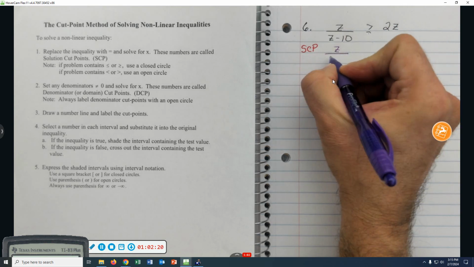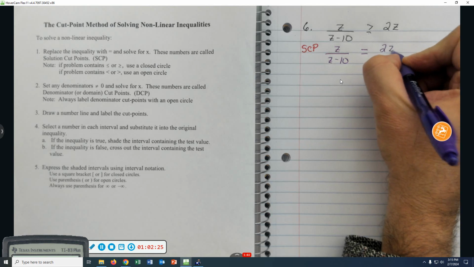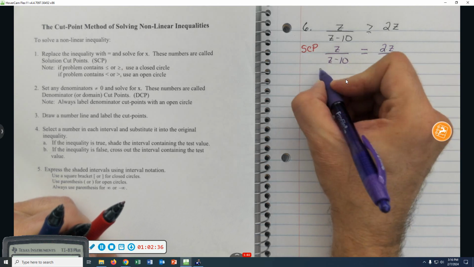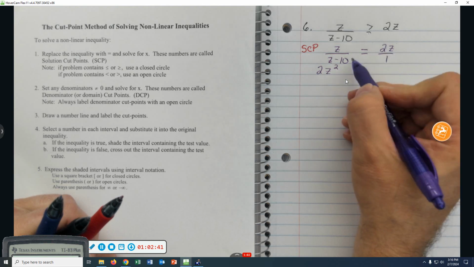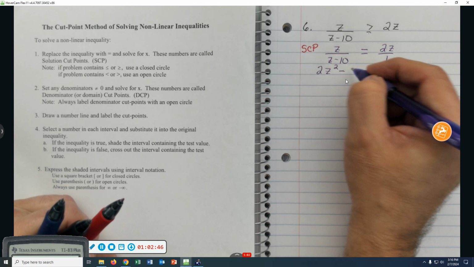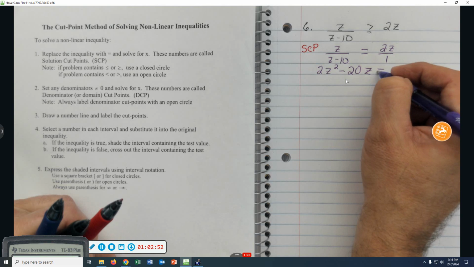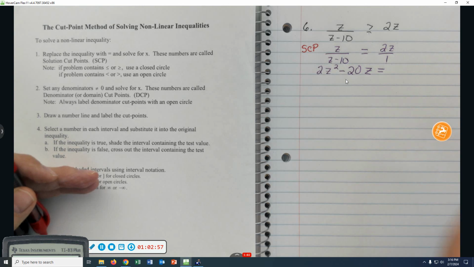So we have z over z minus 10 equals 2z. I'll write that as over 1. And cross multiply. 2z times z, that's going to be 2z squared. 2z times a negative 10, is that going to be a minus 20z equals, just z times 1 is z.